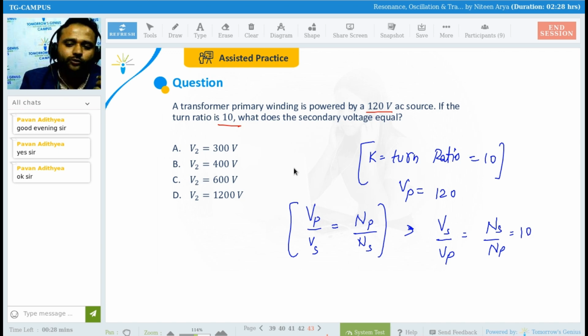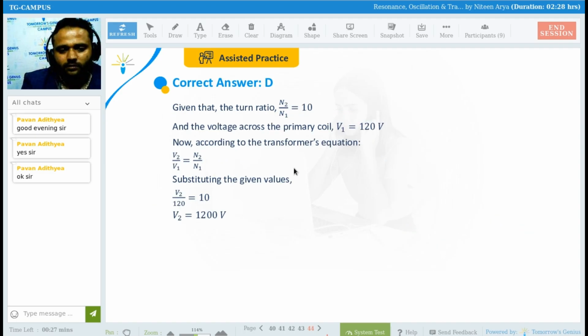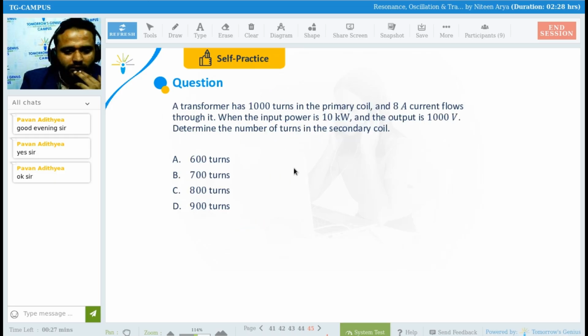So VS is VP into 10. Clear? V2 by V1, N2 by N1. N2 by N1 is the turn ratio 10, and you can find this.